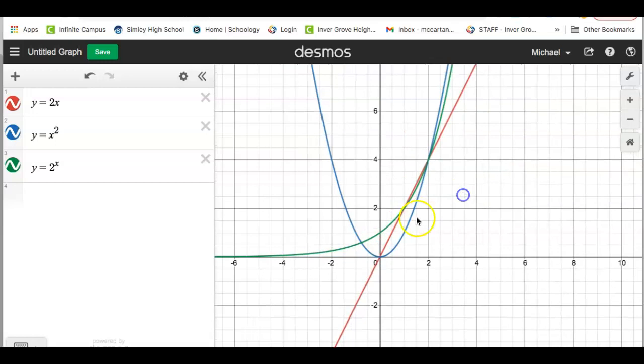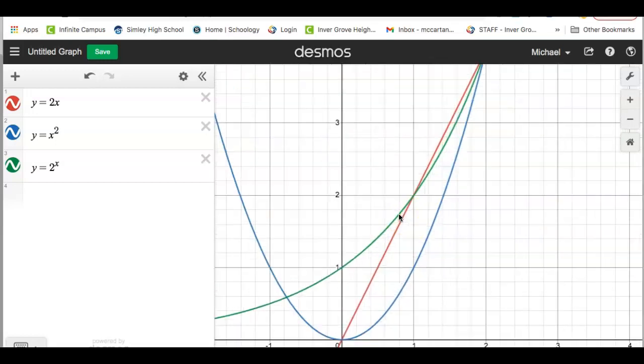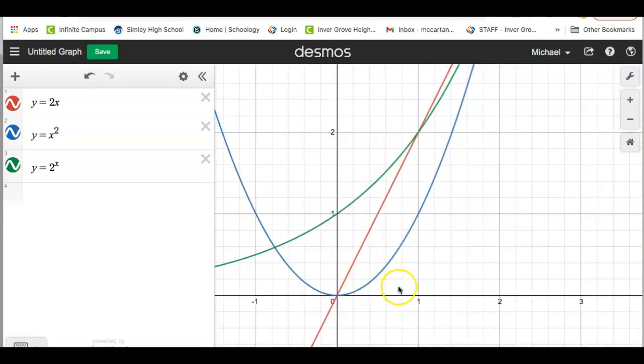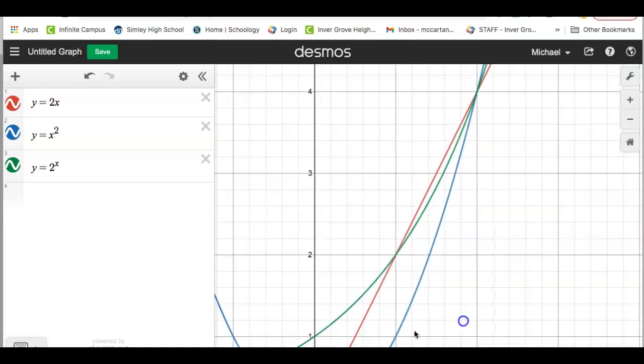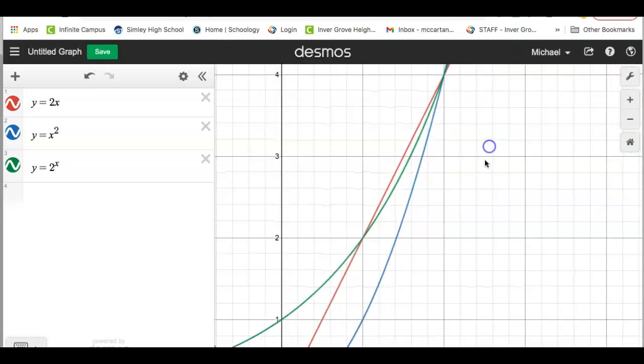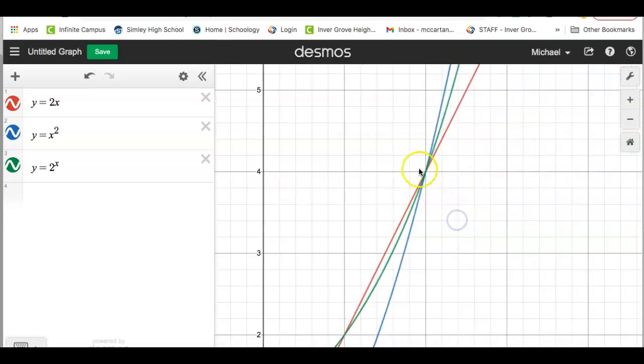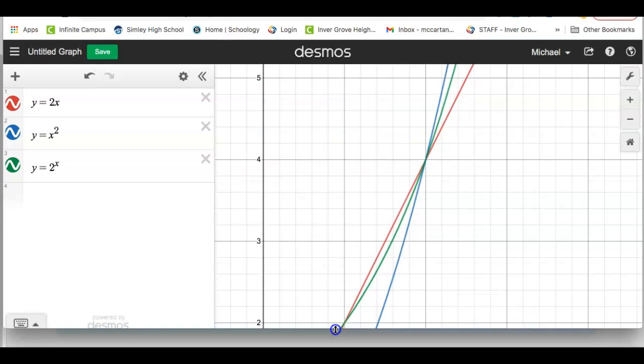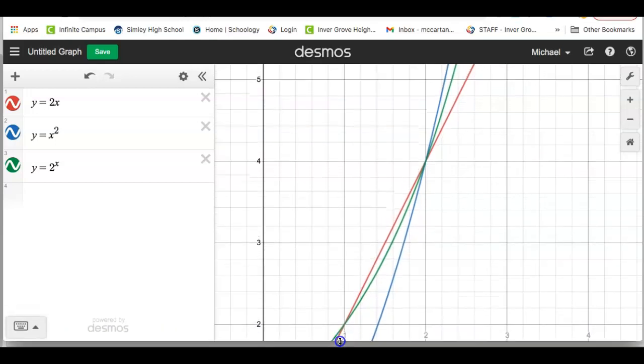Guys, look at the difference between what goes on between 0 and 1, and look between 1 and 2. You see how between 1 and 2, the blue is the one that goes up the fastest. They all cross at 2, 4, all three of them. You can see the 2, 4, yep.